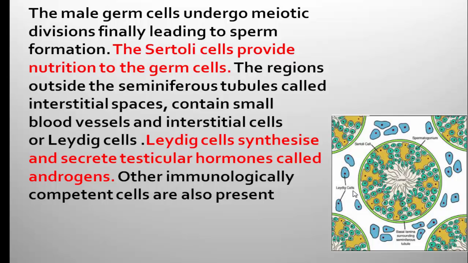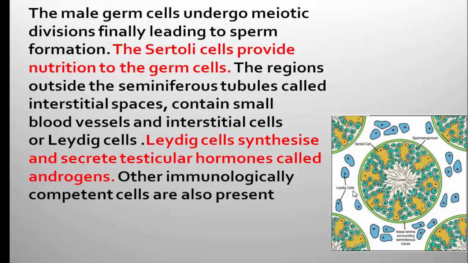Here you can see the blue colored cells labeled Leydig cells. The interstitial cells are also known as Leydig cells, and they are present outside the seminiferous tubule in the interstitial space, which contains the blood vessels and Leydig cells.